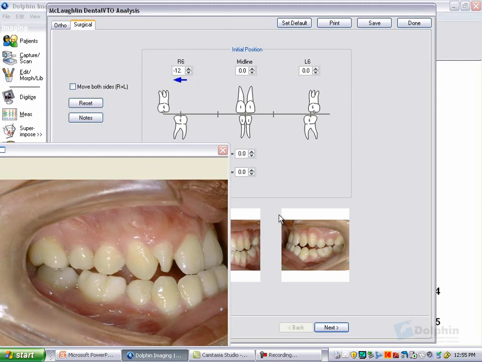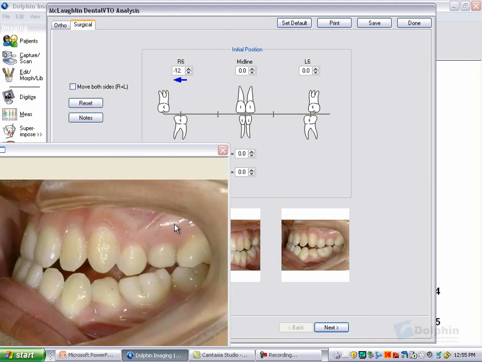On the left side, the patient is 10 millimeters class 3, so we'll record 10 millimeters in the class 3 direction. Easy to overshoot the mark, so I had to back it up to 10.